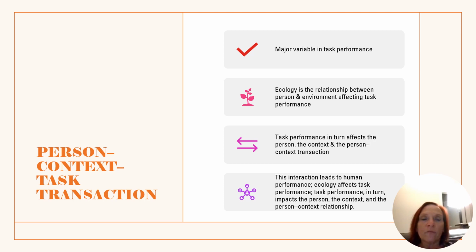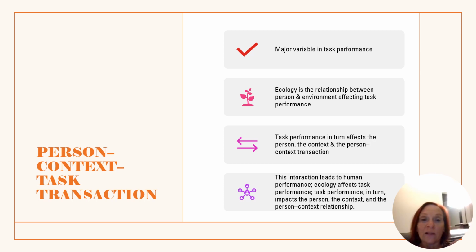If they're able to perform that task, then that causes the person to feel good about it, and then they could make a difference in their environment, and it becomes easier for that transaction to happen.